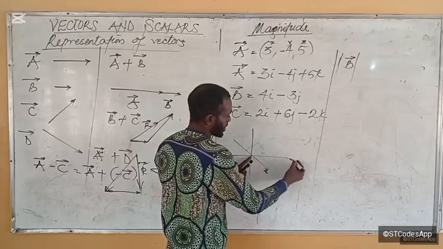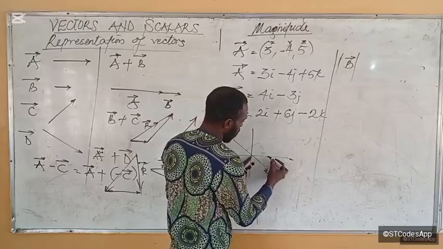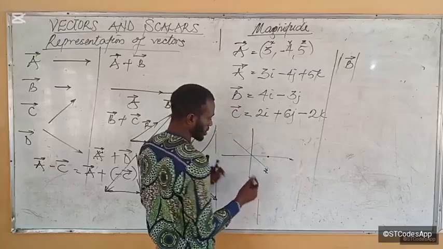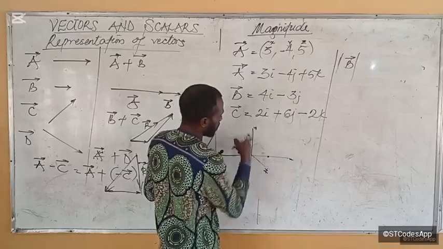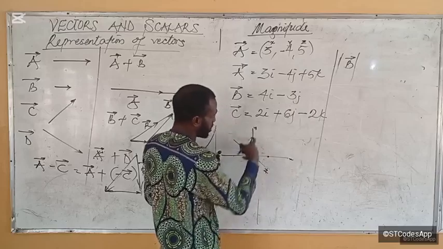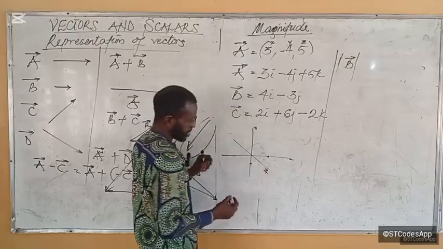Now if you draw my 3D plane, the k value of that vector b is 0 on the z plane because there is no k there, so we assume it is 0. So it means that on the z-axis our b vector is at origin. Do you understand now?